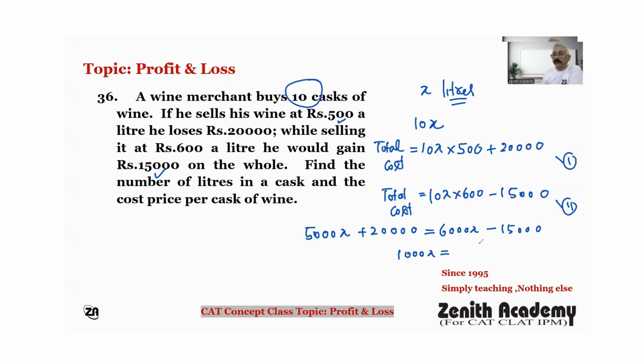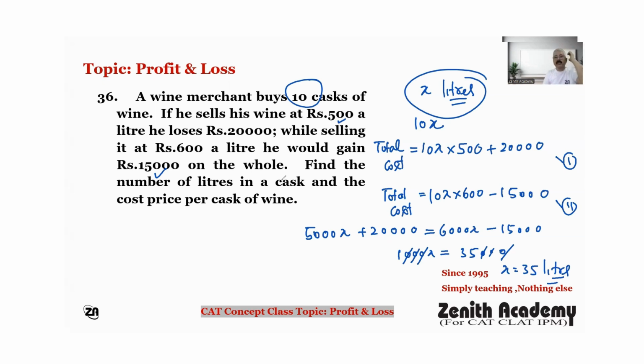And 20,000 plus 15,000 is 35,000. So x is 35 liters. It means in each cask, there is 35 liters of wine.